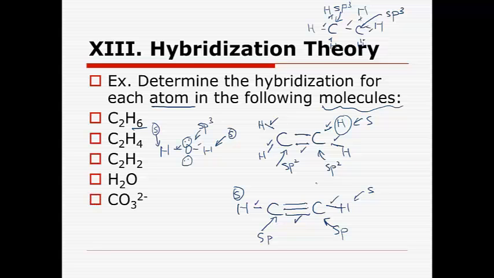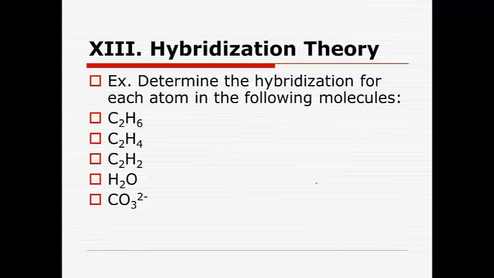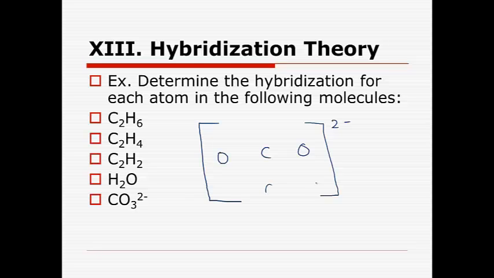Now, CO3 2 minus. Let's erase everything here. Polyatomic ion, carbonate. So 2 minus, carbon in the middle, oxygen, oxygen, oxygen. Carbon starts out with 4, then we're going to add 2 more, so that's 6. Don't forget, add those to the middle ones before you start.